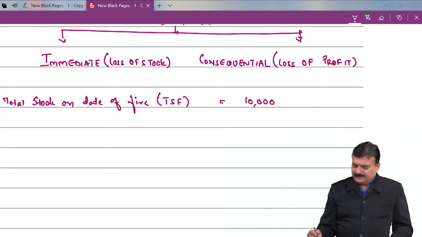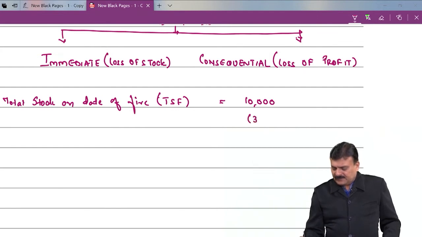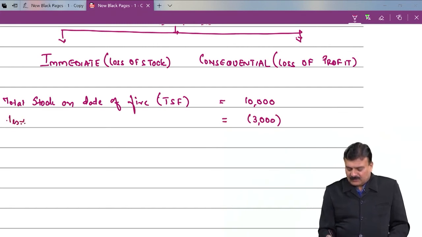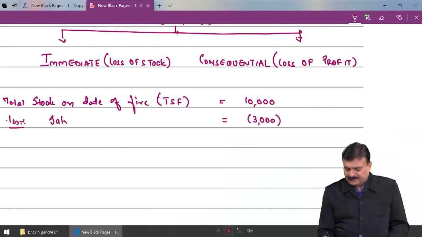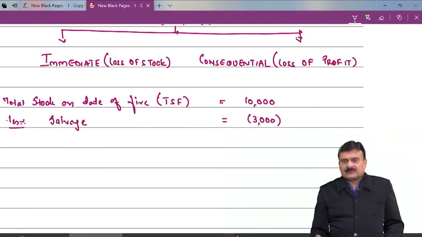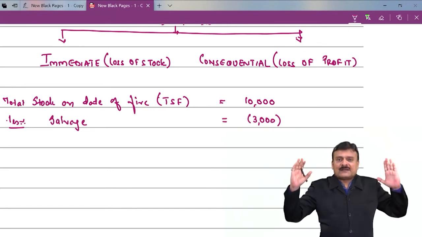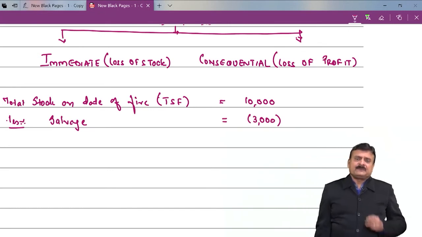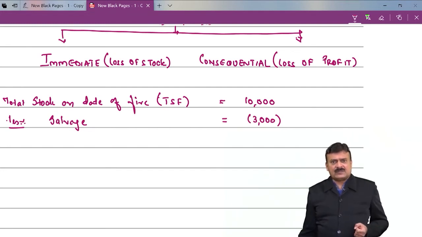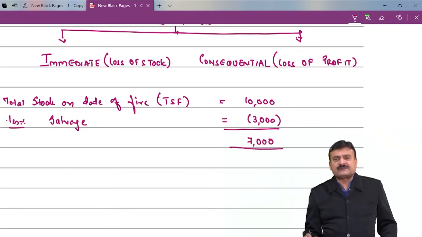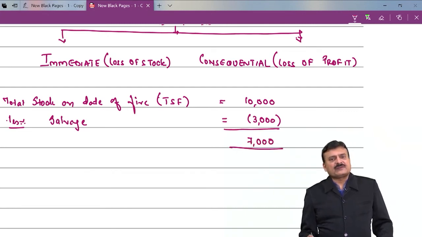So from 10,000, his loss comes down by rupees 3,000. These goods saved from fire are called salvage. So from TSF, I will subtract salvage. Total goods lying in the godown were 10,000. From that, goods of rupees 3,000 were saved from fire. What does this mean? Stock destroyed by fire is rupees 7,000.